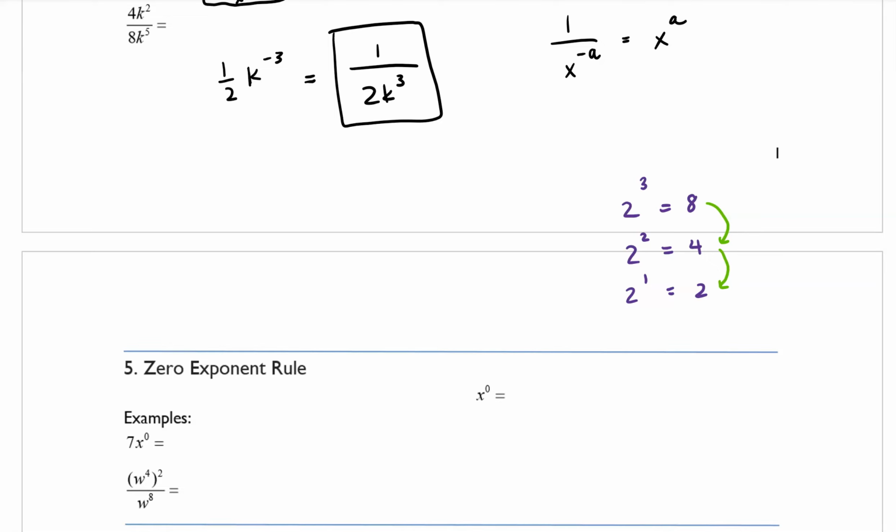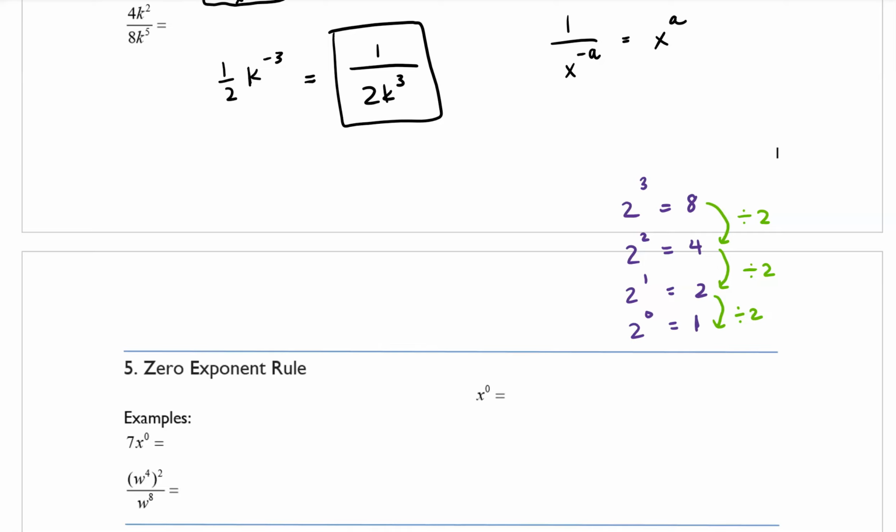Hopefully you came up with the answer that in order to get from 8 to 4, we're dividing by 2. In order to get from 4 to 2, we're also dividing by 2. So what's to stop us from saying that that pattern probably continues if we were to raise 2 to the 0 power? Now, if I divided 2 by 2, then the thing that would go here would be 1.